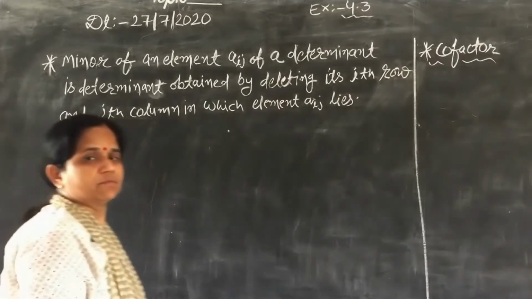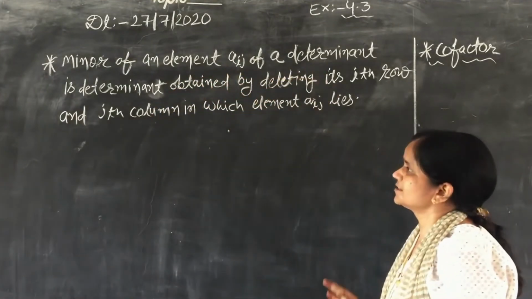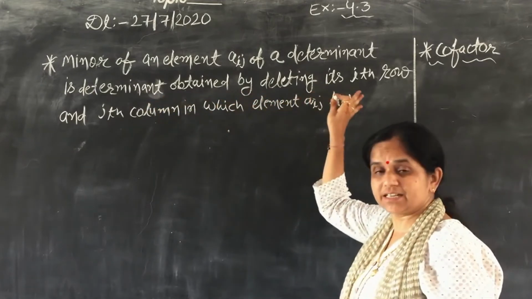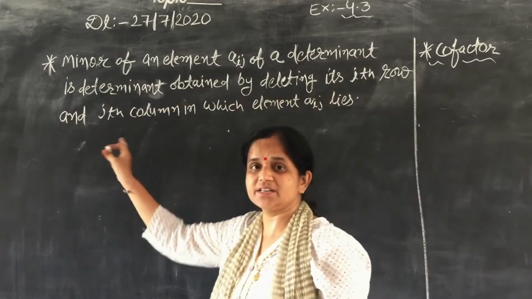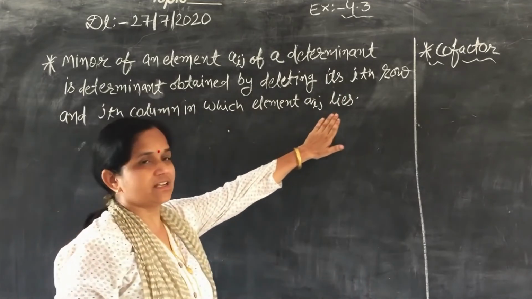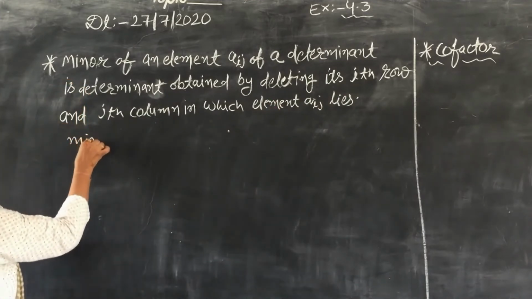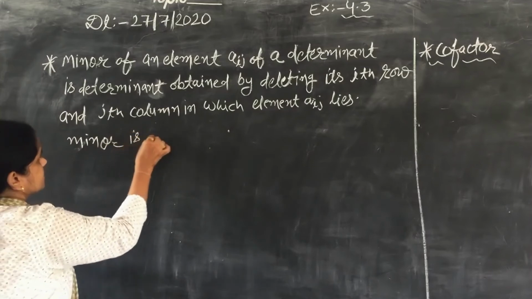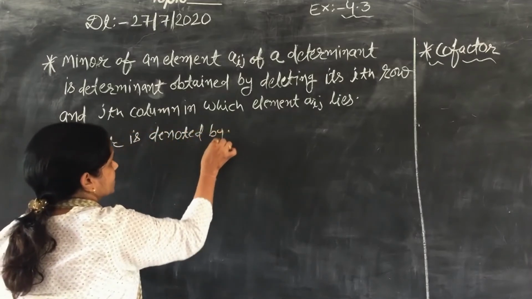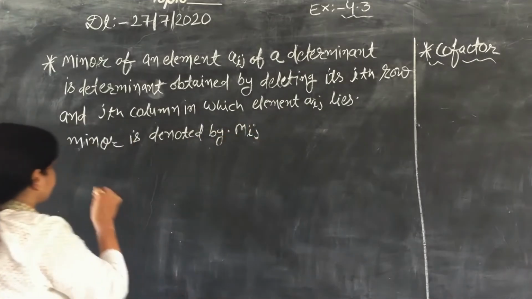The minor of an element Aij of a determinant is the determinant obtained by deleting its ith row and jth column in which the element Aij lies. The minor is denoted by Mij.